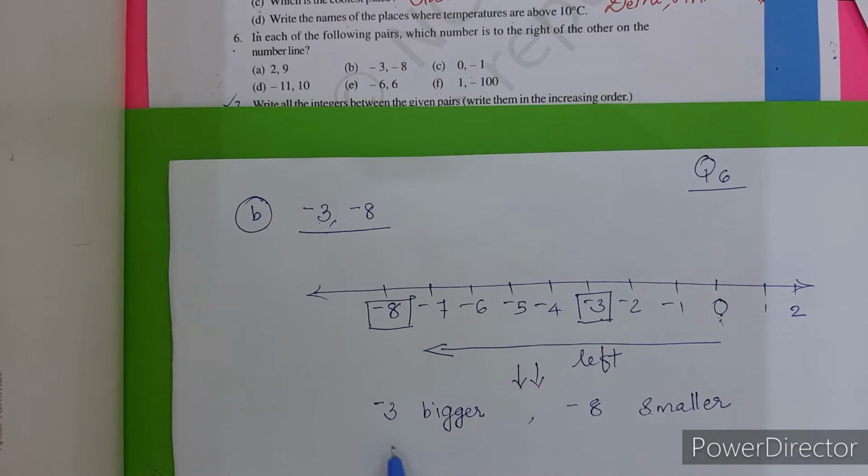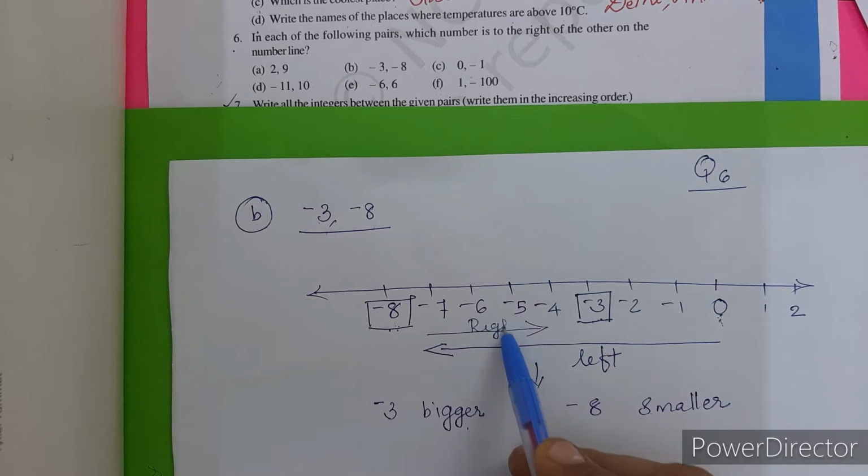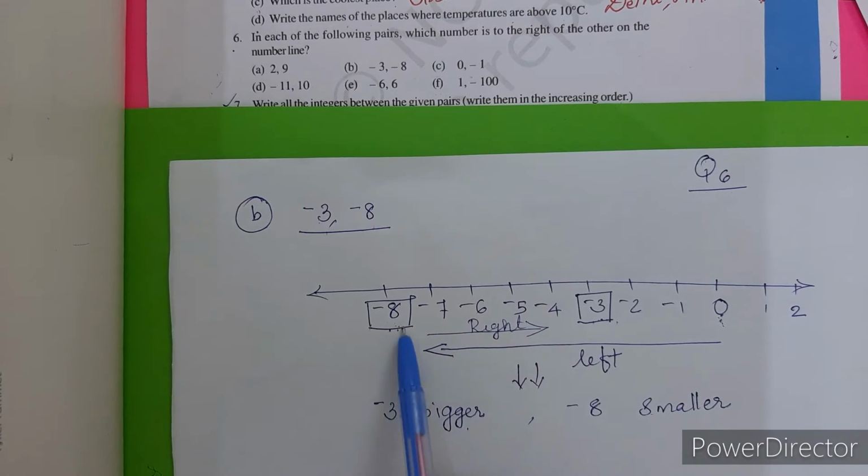So the smaller number is minus 8 and the bigger number is minus 3. So minus 3 is right to minus 8. Minus 3 is present on the right side of minus 8.